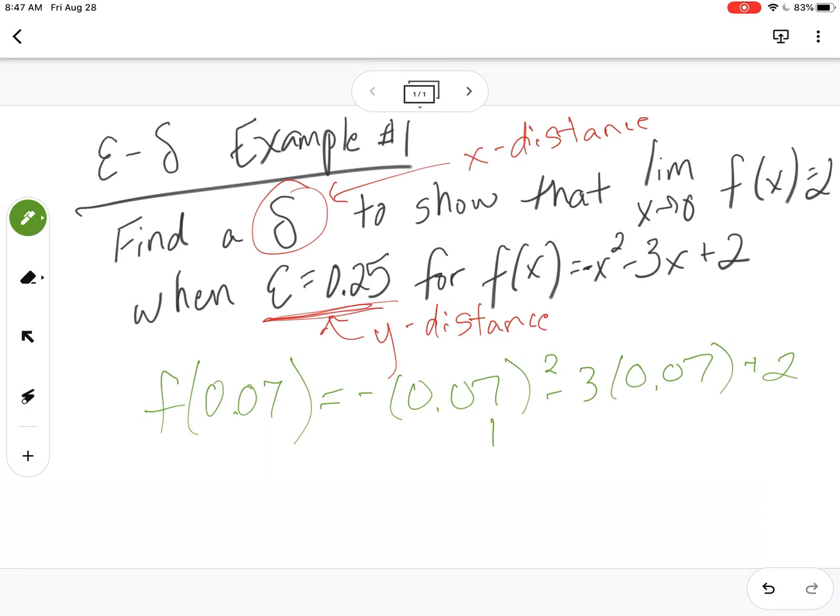I get 1.7851. Now, remember, I just want to be within 0.25 of 2. Well, that puts me at 1.75, so I'm within that.